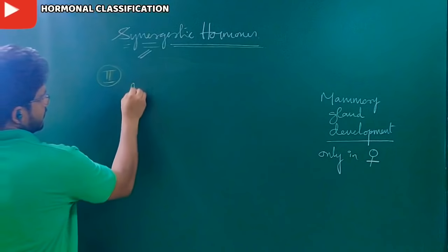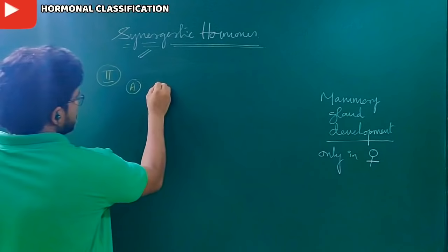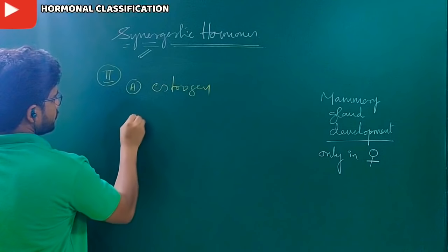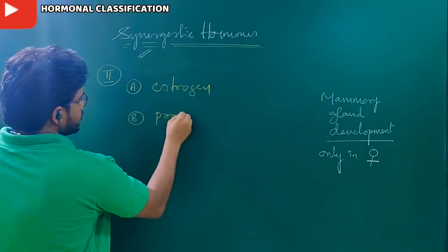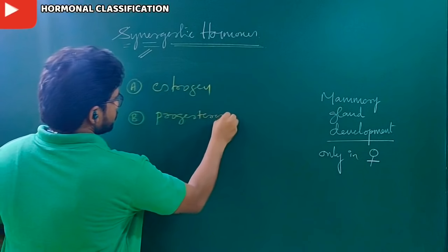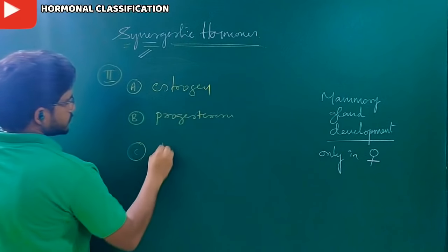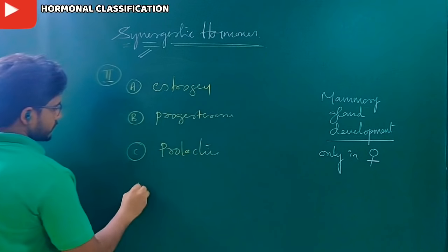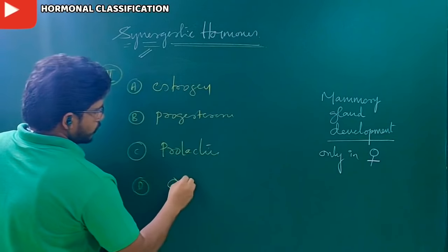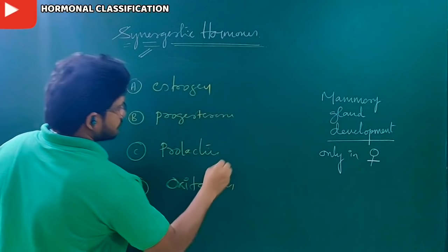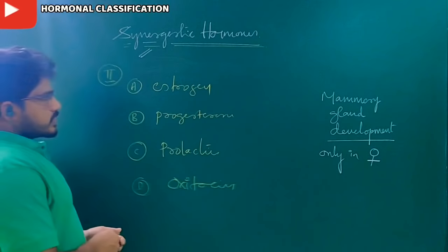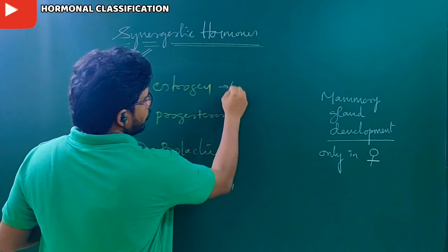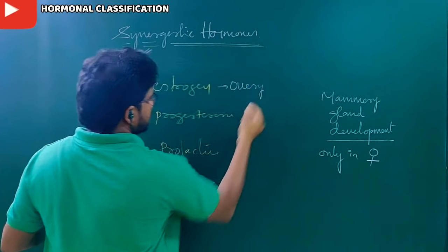So hormones, let me list them out. The first one is A, estrogen. Second one, B, is progesterone, C is prolactin, and D is oxytocin. What is the source of estrogen? Estrogen is coming from the ovary, right?